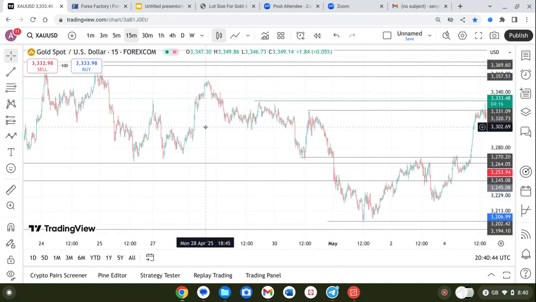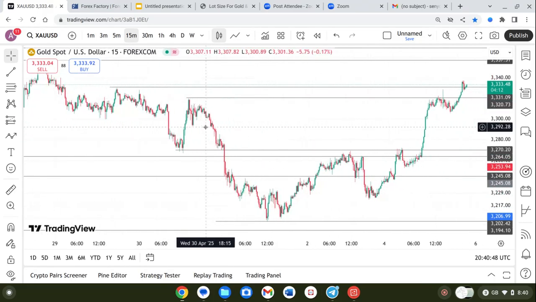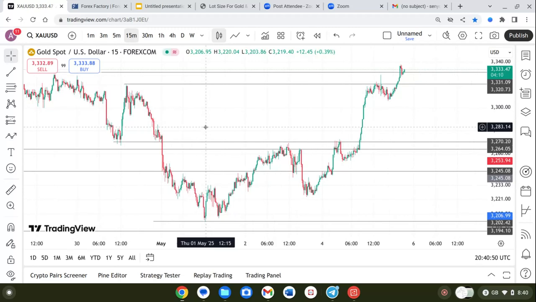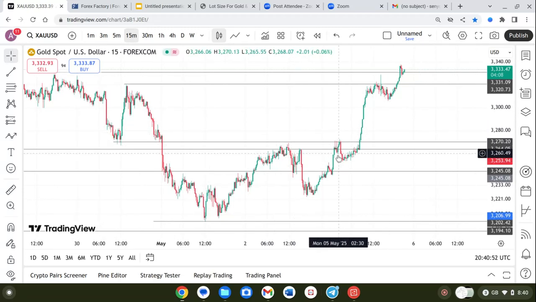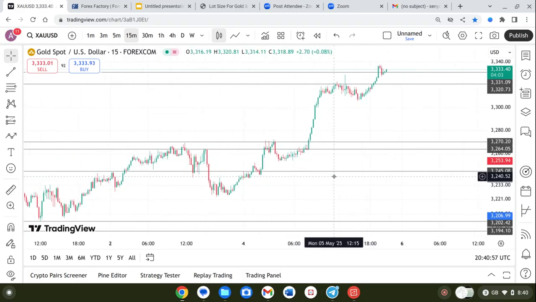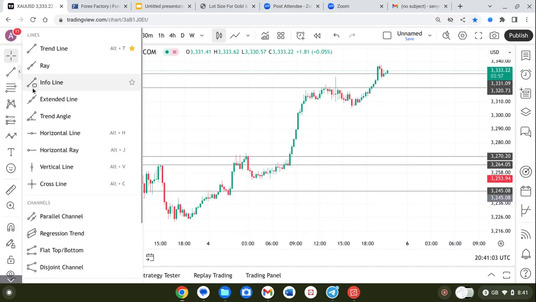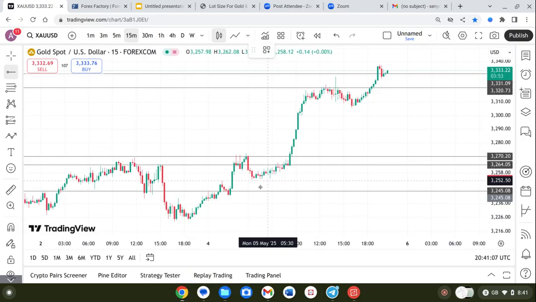I just want a suitable one. So this is the current price action. See what I'm talking about. I'll make it a horizontal ray and change the color to blue because we are on a lower time frame.